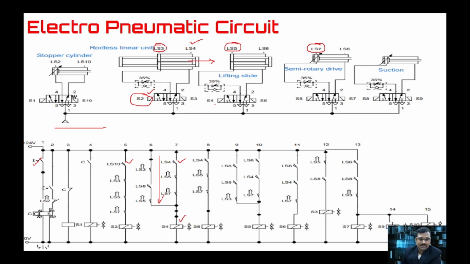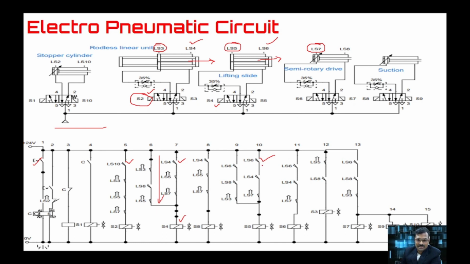S4 is the forward solenoid for this lifting slide. So when S4 is giving signal, the lifting slide has to go down like this. Once it is moving in this direction, then you will get a condition here. When it is coming to this position, LS6, and then LS4, which is also in extended position, and then you will have LS7.